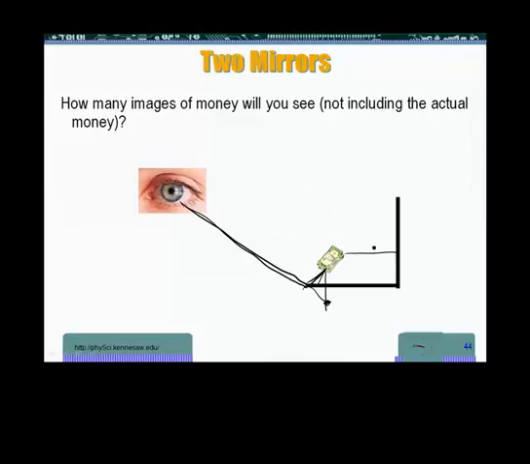Okay, so we need something at an angle so that it will hit the eye. So for example, this will do it.